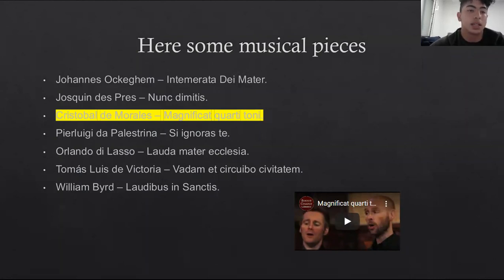The first one is from Johannes Ockeghem, with the name Intemerata Dei Mater; Josquin des Prez with his piece Missa Mitis; Cristóbal de Morales with Magnificat Quarti Toni; and I chose this piece of art to give an example of music in the Baroque. I will play the melody that is here.